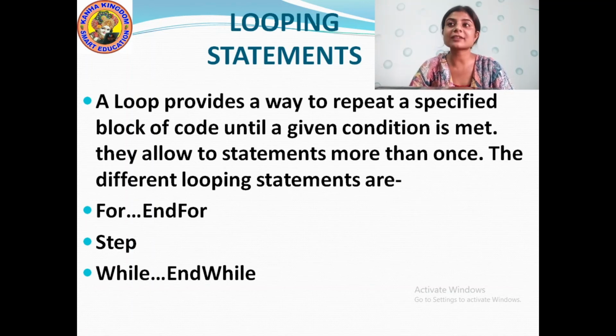A loop provides a way to repeat a specified block of code. A specified block of code means the condition that you have given to write a program. Until and unless it meets the condition, it will repeat itself. That means it tries to fulfill the condition that you have given. When it repeats, it allows the statements to execute more than once.